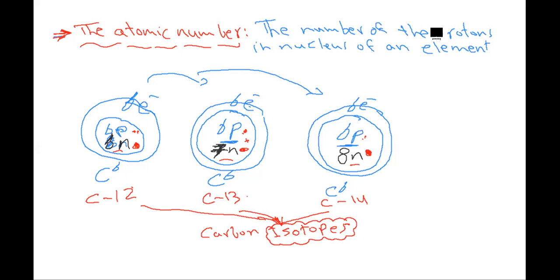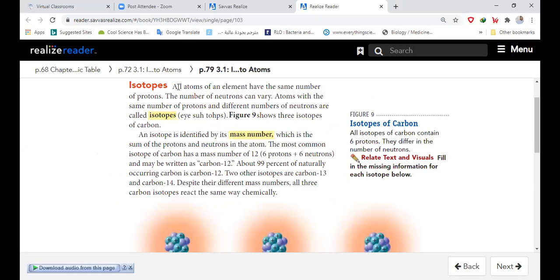So take a screenshot of this if you can, then you can draw it later, or leave it to the end. I will let you draw this. As we said, all atoms of an element have the same number of protons. The number of neutrons can vary.